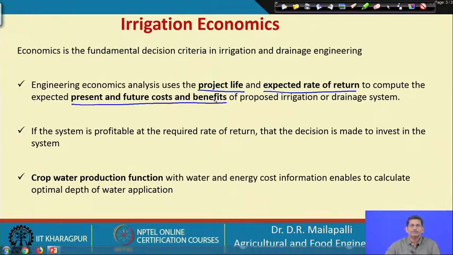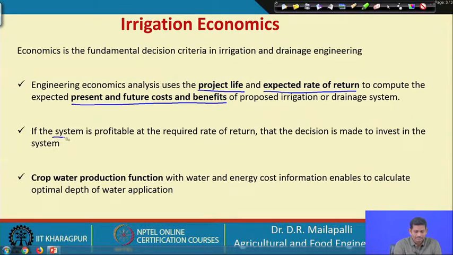We are going to compute the cost-benefit ratio and also the net present value. These two indicators are computed in irrigation economics as well as drainage economics.